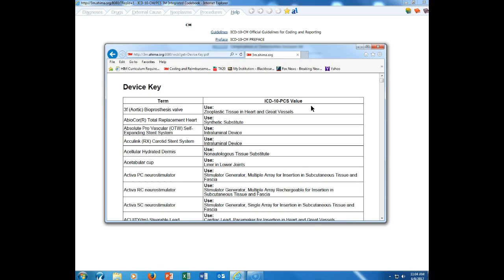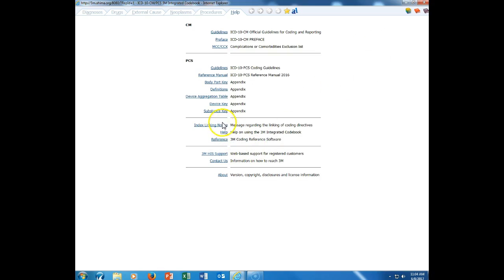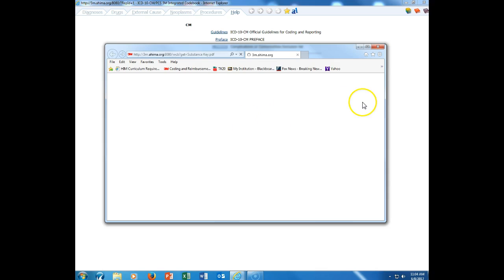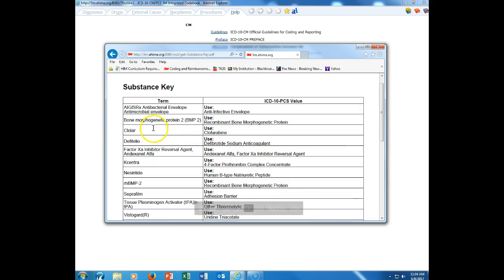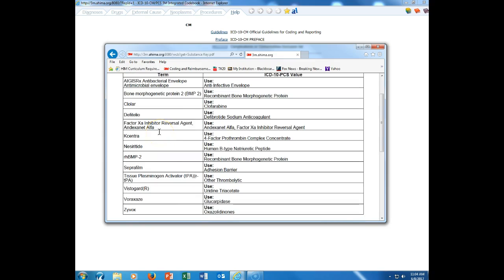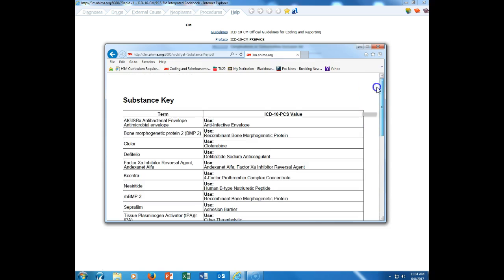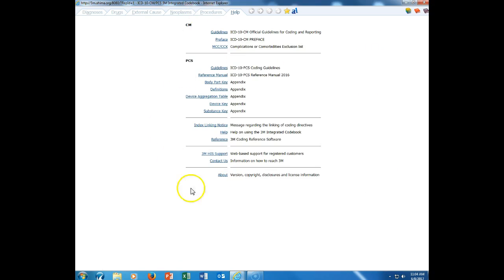We have a specific character for device, and so this tells you, of those options that you'll see listed in that column, which device you would use. And then there's also a substance key. Substances are used during surgery as well, and this gives you that information. So this reference tool is excellent for you.